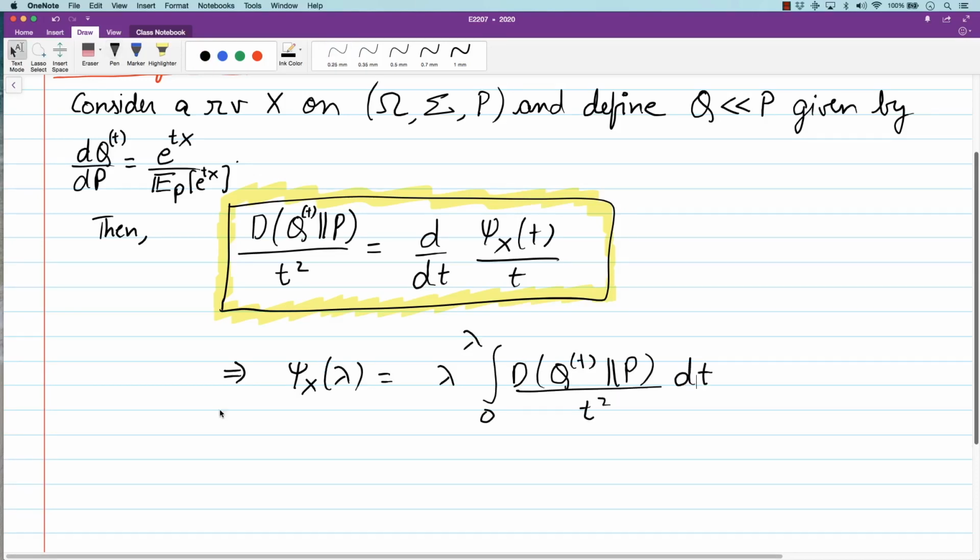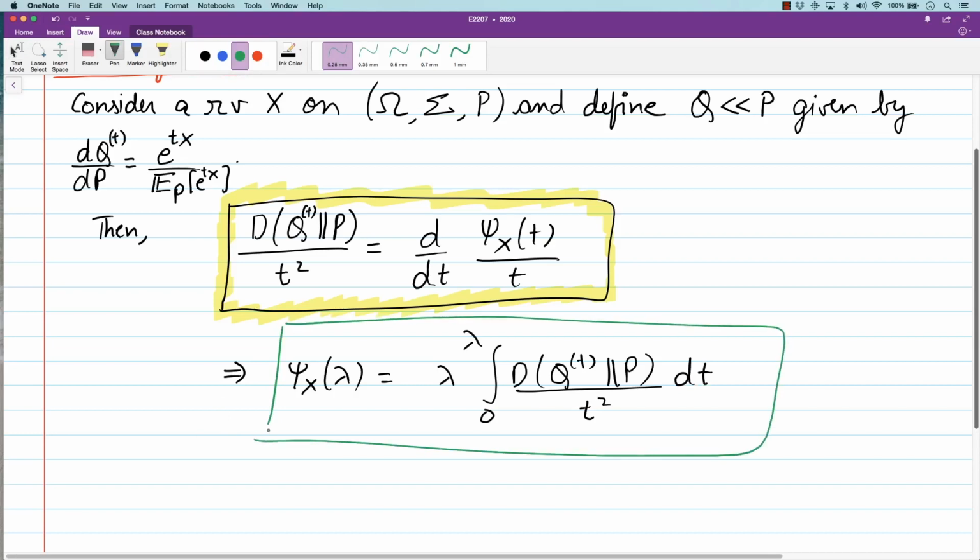This is the alternative form. So if you want to derive an upper bound for the log moment generating function, then it suffices to derive an upper bound for this. That's what Herbst's argument is.